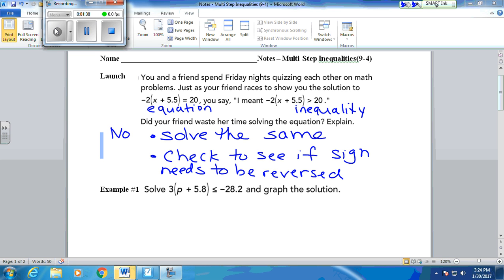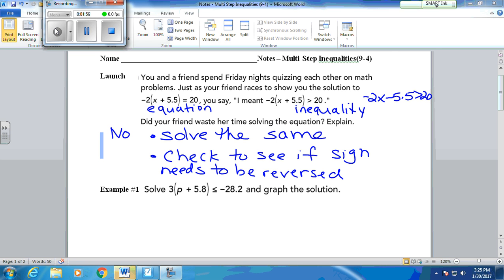And I would look at this one, and because it becomes -2x plus 5 5/10 is greater than 20, I see that I would have to end up dividing both sides by -2, which would mean that I would have to reverse the inequality sign. But everything else is going to be the same.